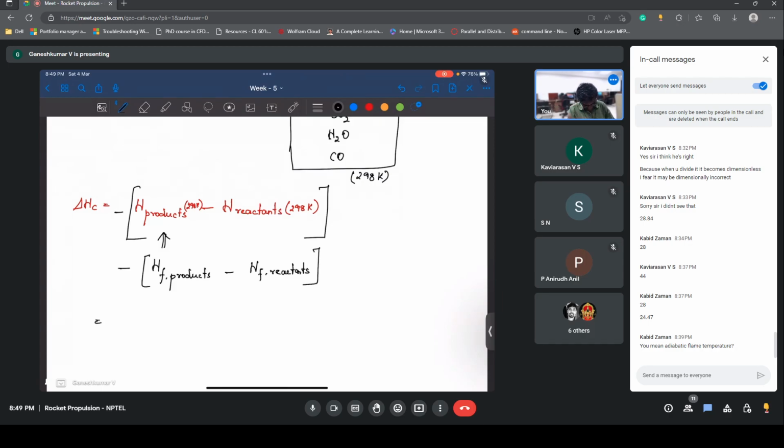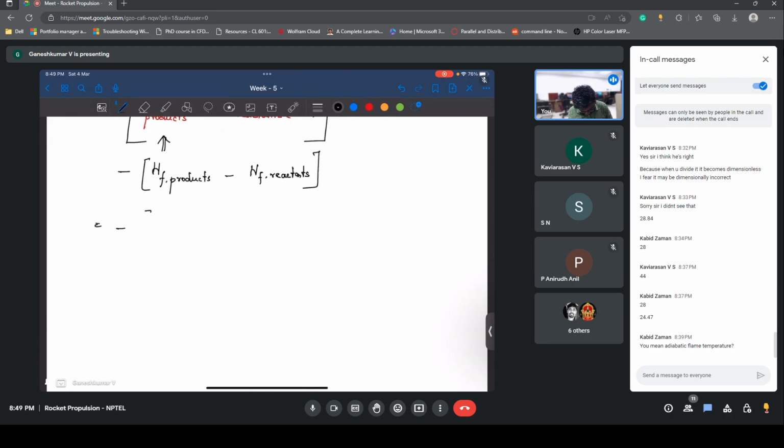So if I want to write it in terms of product species and reactant species, I have summation of i, Ni, H bar Fi. We write H bar because it's on a per molar basis. If it is per mass basis, you can write H. It's just the convention. So this is going to be products, and similarly we have reactants, which is nothing but propellant, summation Ni H bar Fi.